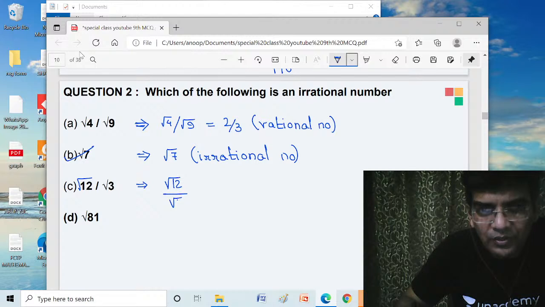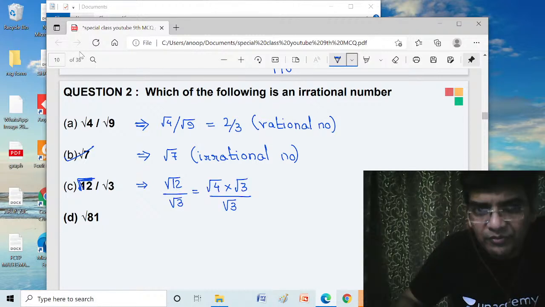So make this change in the question. This should be root 12, not 12 only, but root 12. So this will cancel out. This will give us root 4, and root 4 will give us 2. That is again a rational number.